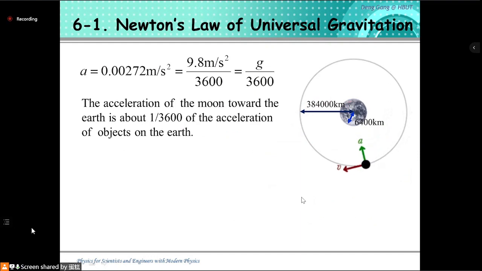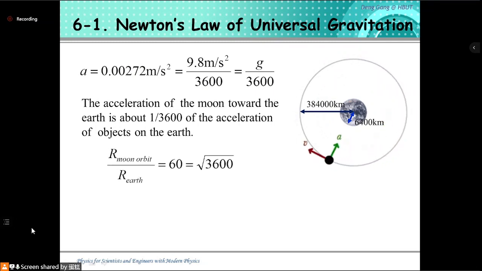Okay, if it's a rough estimation, let's compare these two. The radius of the Earth, and the radius of the moon's orbit, is the square root of this.